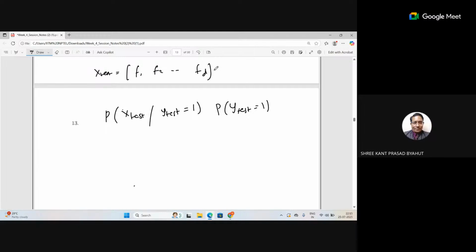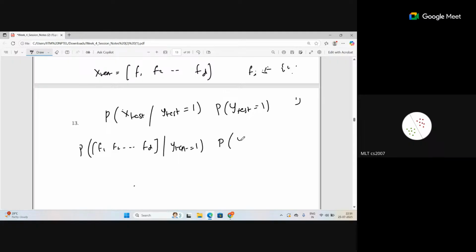F1 to Fd features, and each fi belongs to 0 and 1. Can I say that it is P of f1, f2, ..., fd given y test equal to 1, into probability of y test equal to 1? Is that okay?